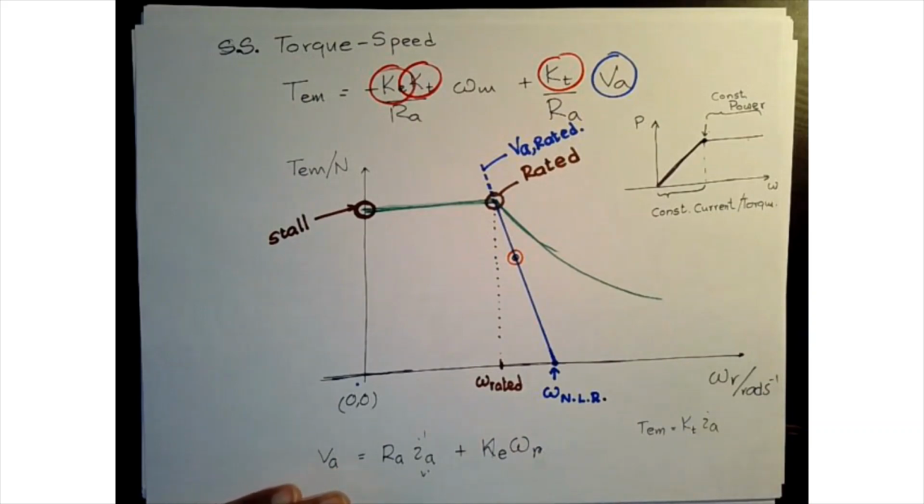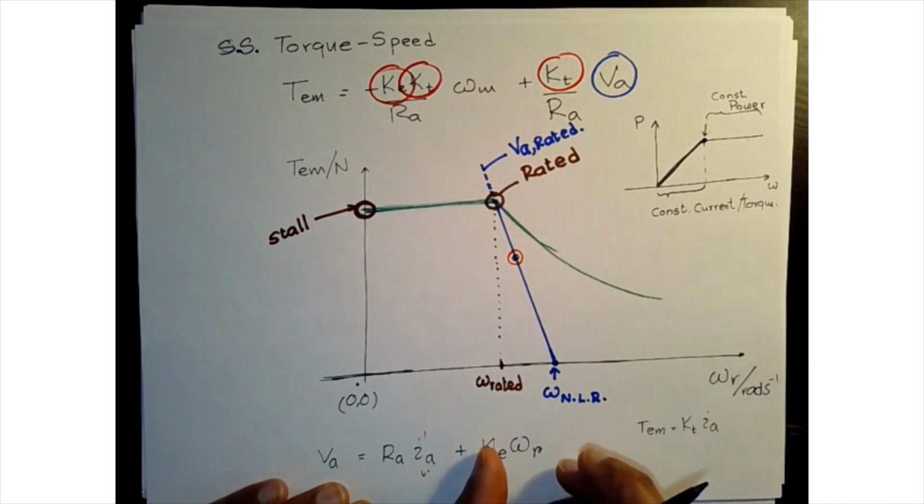What will happen? For the same speed, we will see less back EMF. If we decrease KE, for the same speed, our back EMF will be lower.